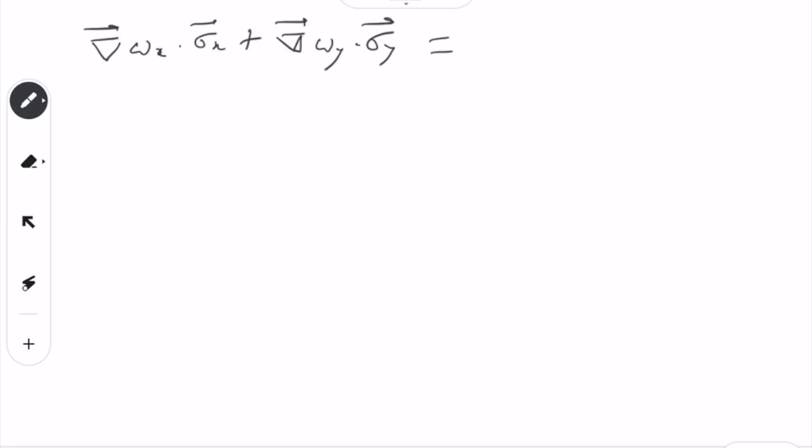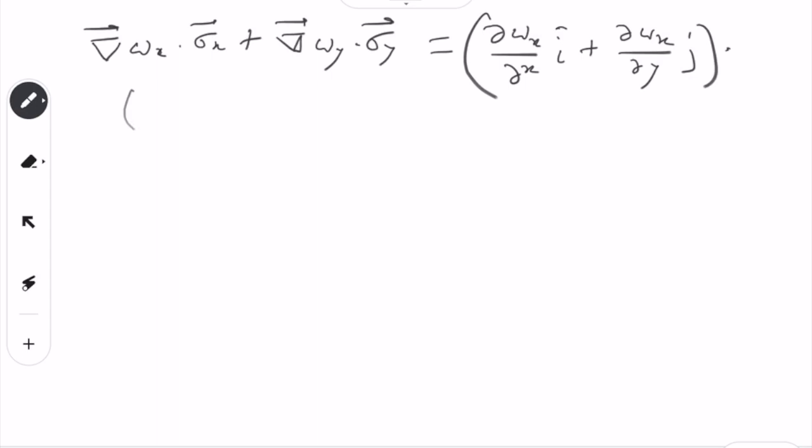We will get del wx over del x i plus del wx over del y j, dot sigma xx i plus sigma xy j, and similarly this side too.